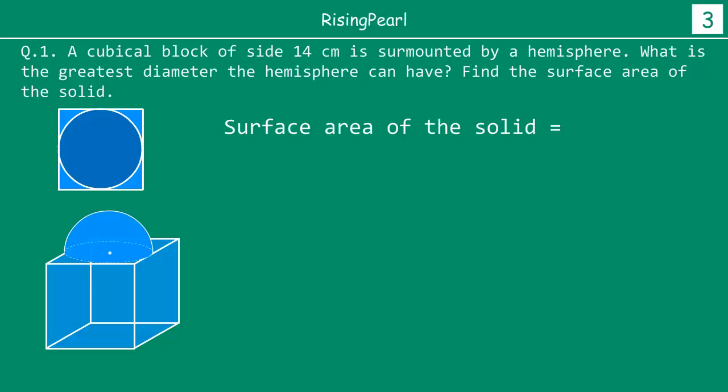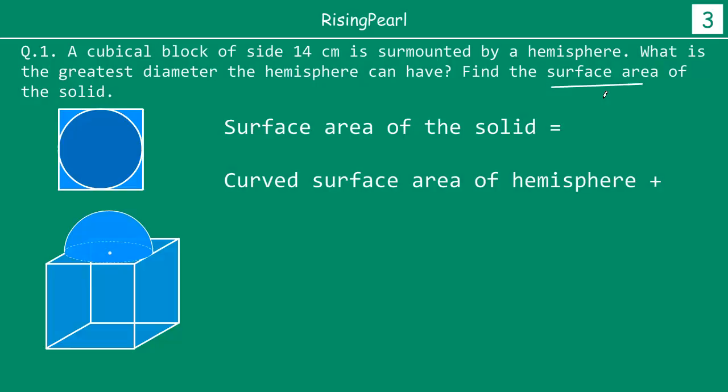Now what about the second part, which is to find the surface area of the solid? Let's try to break it down. First is the curved surface area of the hemisphere. Clearly we can see it. This is the curved surface of the hemisphere. Remember, whenever we talk about surface area, think about wanting to paint that surface, right?